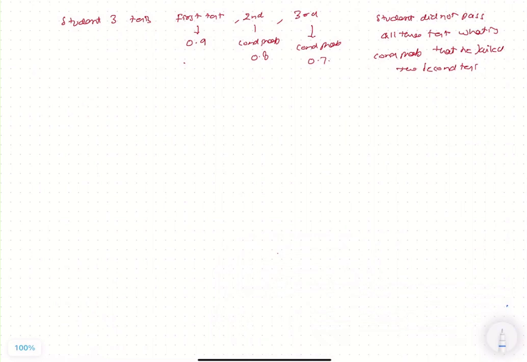Okay, so let's see. Let's consider passing the first test as E1, the second test as E2, and the third as E3. So E1 we know is 0.9, but E2, knowing that he has passed E1, is 0.8, and E3, knowing that he has passed E1 and E2, is 0.7.